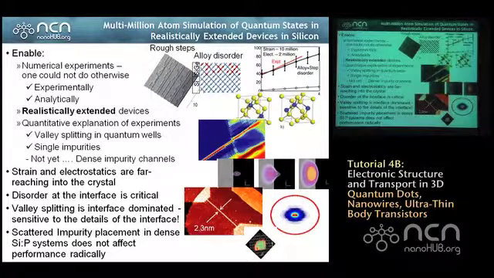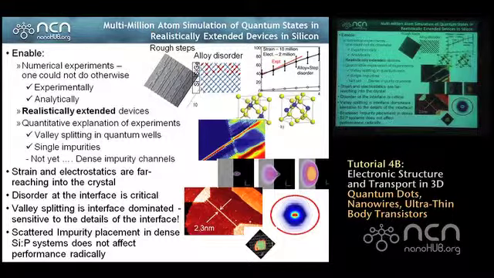Okay. Any other questions? Yeah. You talked about valley splitting, and that was due to strain at the beginning, and then just now you're talking about valley splitting due to confinement. Not quite. Even in the first case, it was due to confinement, because two valleys were coupled due to confinement.